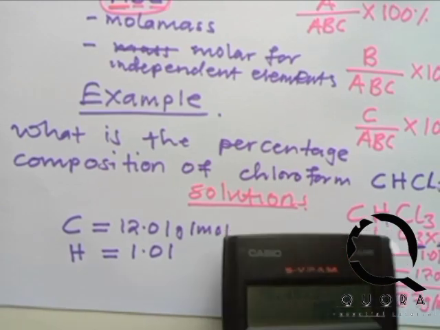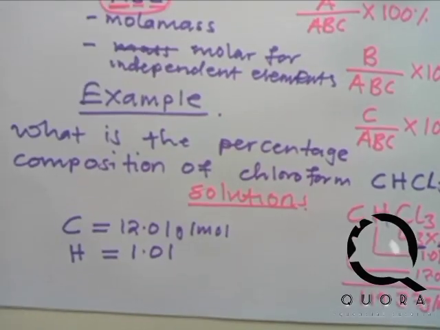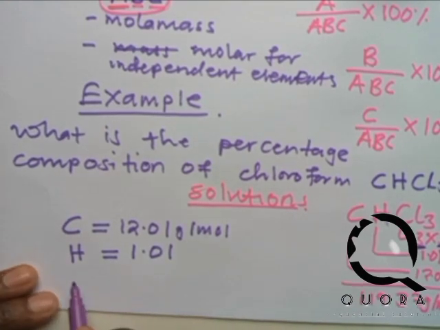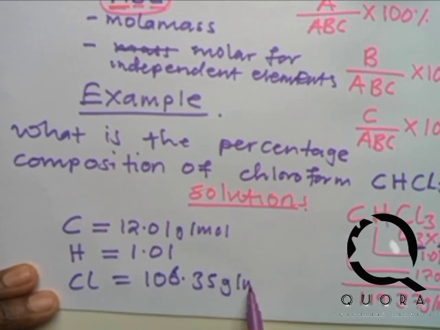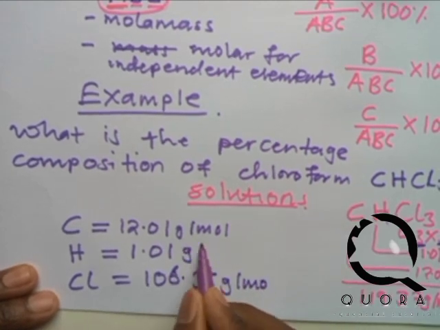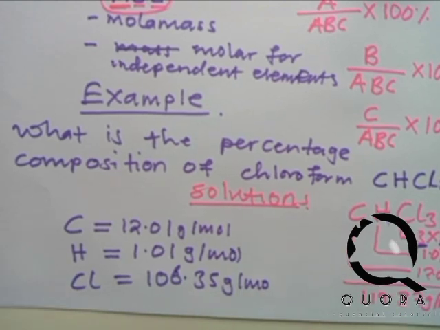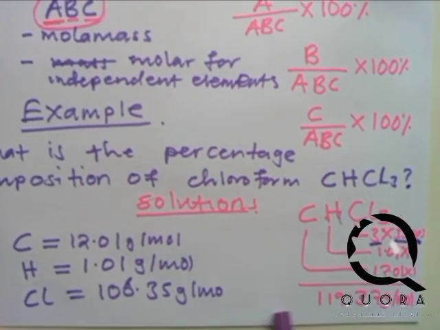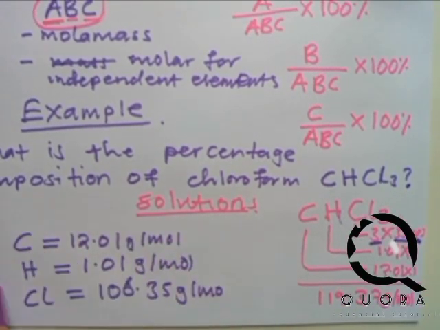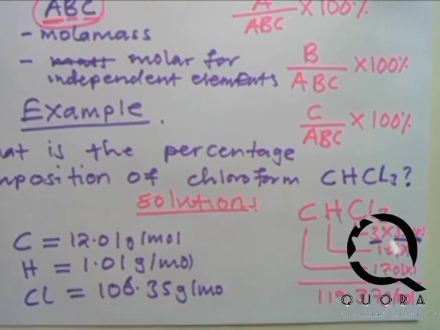We are getting 106.35 grams per mole for chlorine. Alright, so these are what we have. We have the total molar mass for the entire compound. We also have independent molar masses for each and every element found in that particular compound.